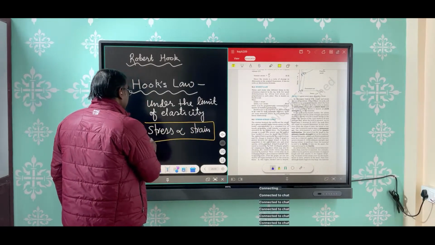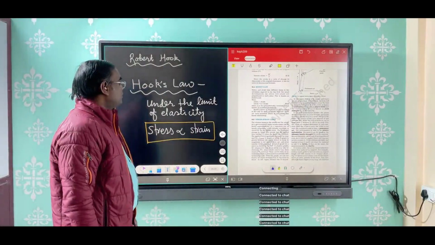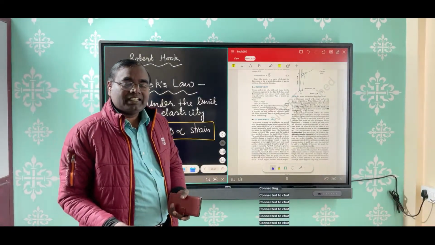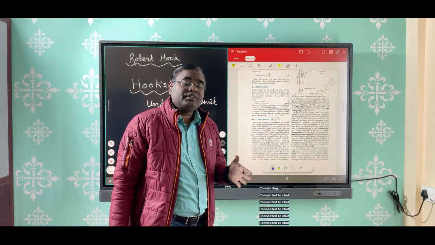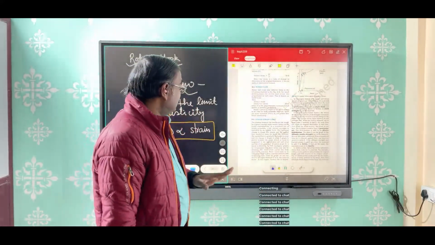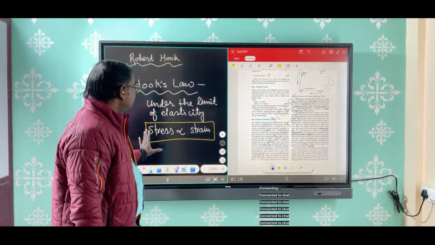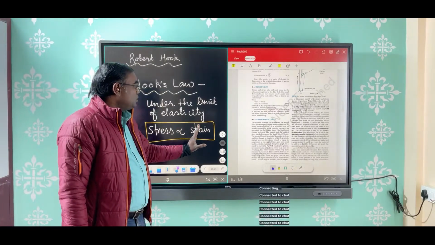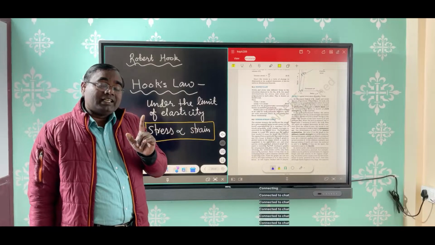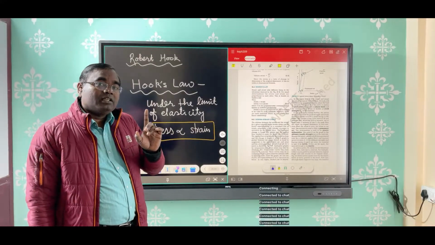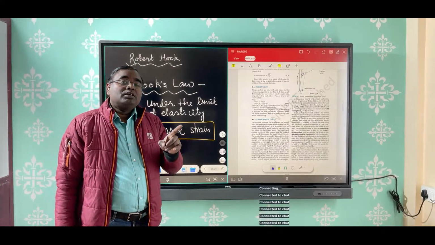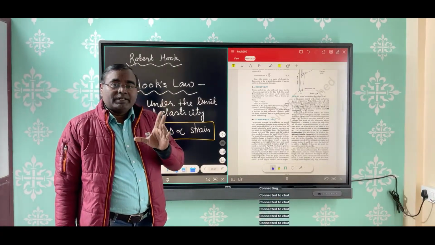Stress is directly proportional to the strain, and we know there are three different kinds of stress and corresponding strains, right? Stress is directly proportional to strain provided the stress is not going to deform the body permanently.